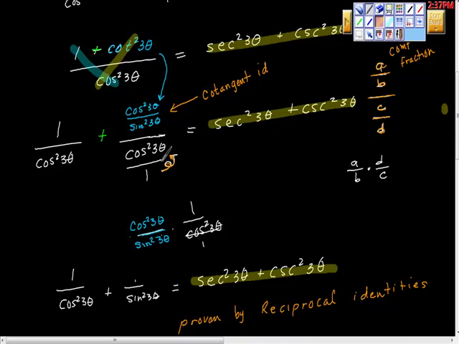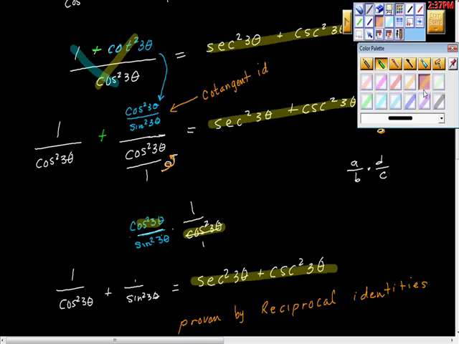I took the reciprocal of the bottom, and that's this turning into this. This cosine squared 3 theta is this cosine squared 3 theta. I multiply them, but look, we have cosine squared 3 theta here and cosine squared 3 theta here. They simplify to 1. Now we have 1 over sine squared 3 theta.